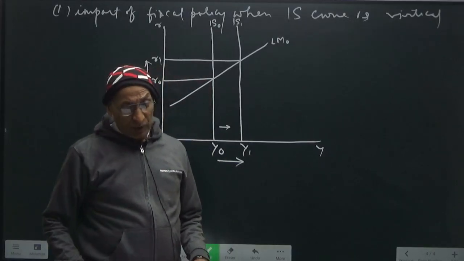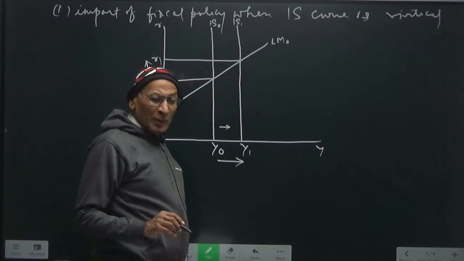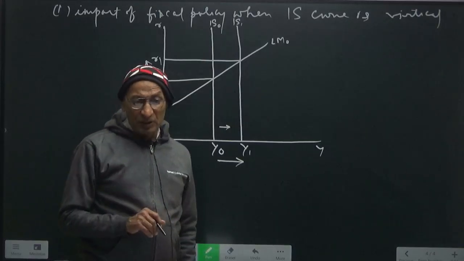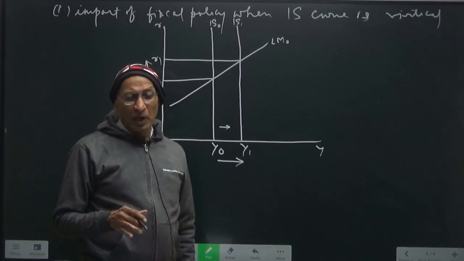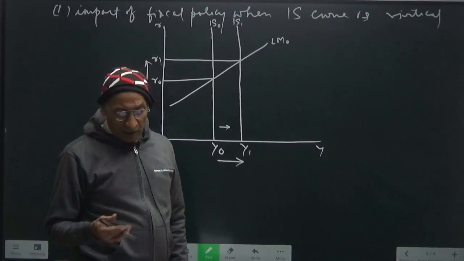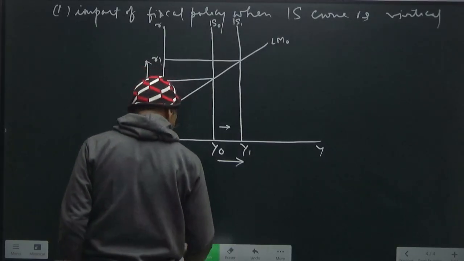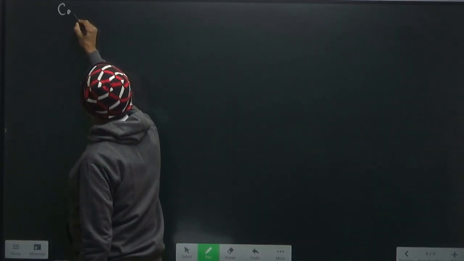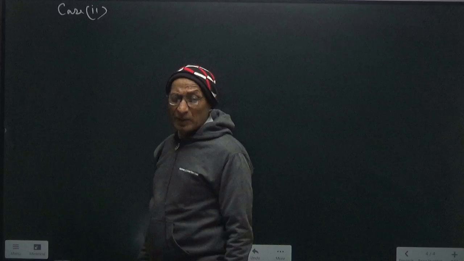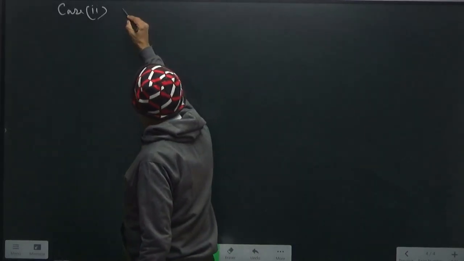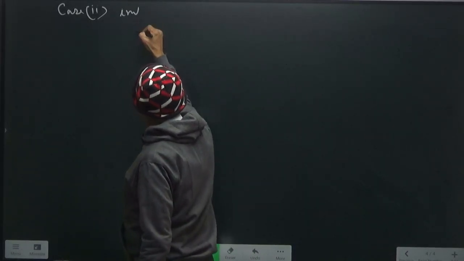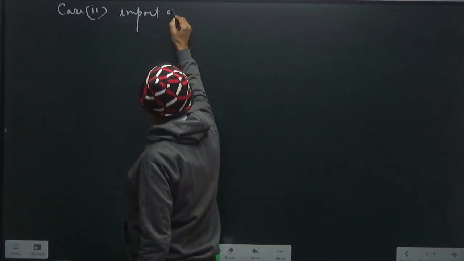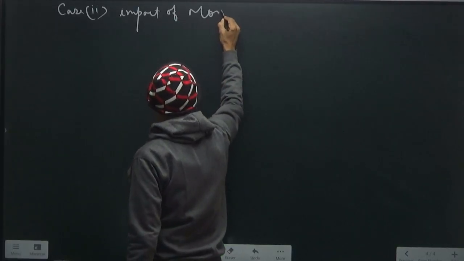Second, we have to say what will be the impact of monetary policy in case of the vertical IS curve. Case 2. When the IS curve is vertical, impact of monetary policy.